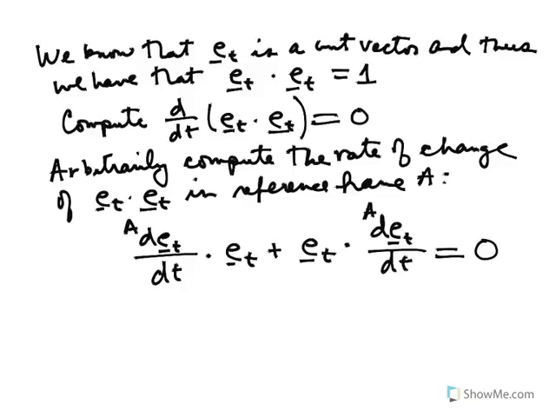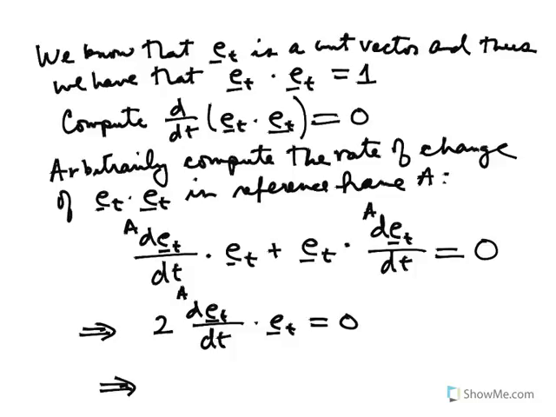So therefore, we can write that 2 times dET dt in A dotted with ET is equal to 0, from which we can write that dET dt in A dotted with ET is equal to 0. Now you'll notice that I now have two vectors.